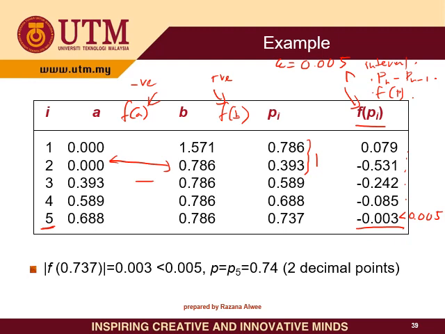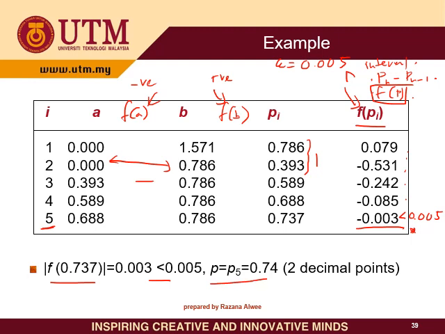So this satisfies the third condition, and you can stop calculating at iteration number 5. So f(0.737) is equal to 0.003, which is less than our error. So our P5 here is 0.74.